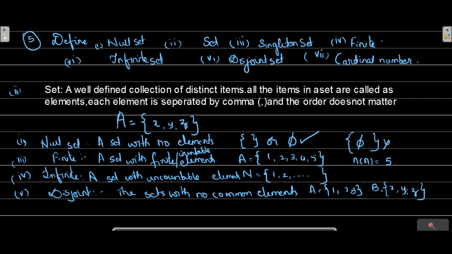No, there is nothing. So we can say that A and B are disjoint sets.